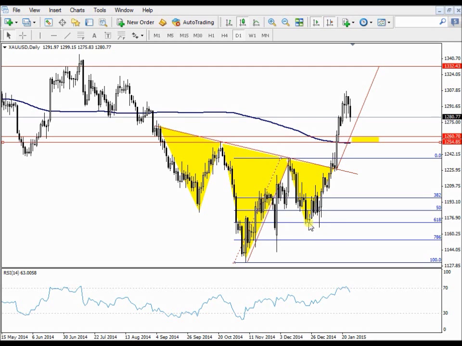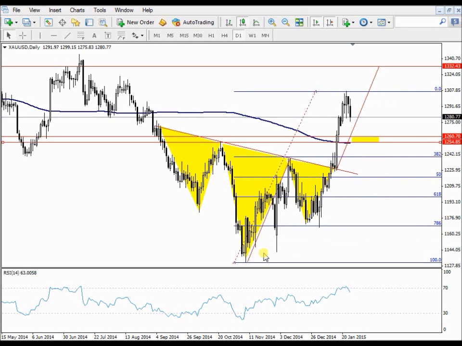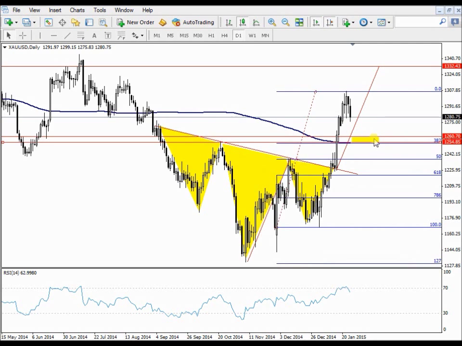You can see 61.8%. That's my fib zone. I want to buy here if my indicators tell me this is a good buy. But as soon as the market had a run, and I'm taking that second rally there, it will only go to the 38.2%.